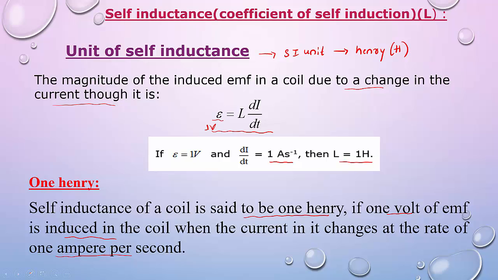When induced EMF is 1 volt, current is 1 ampere, time interval is 1 second, then self-inductance is said to be 1 Henry. Right? So this is all about self-induction, then self-inductance and its equation with SI unit. Is it clear? So in the next class we can derive self-inductance of a solenoid.